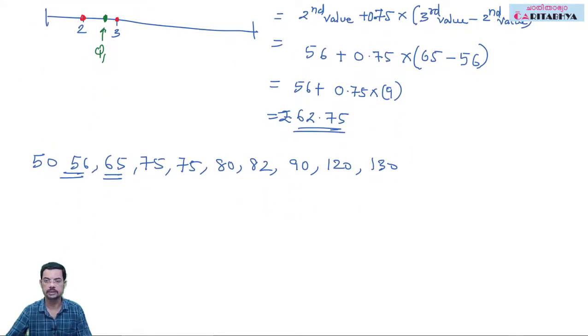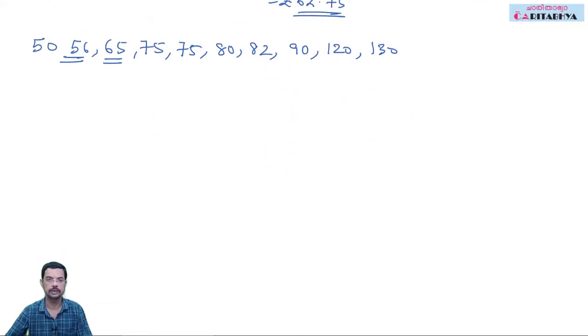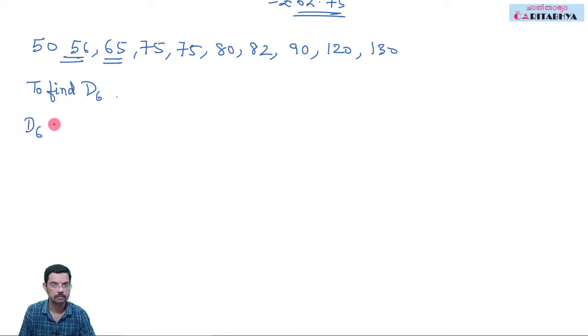To find D6, what is the formula? The sixth decile D6 will be equal to n plus 1 by 10 into 6.